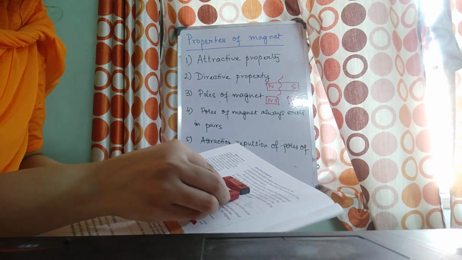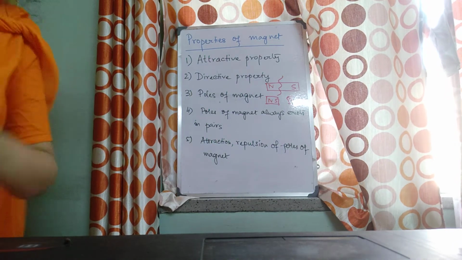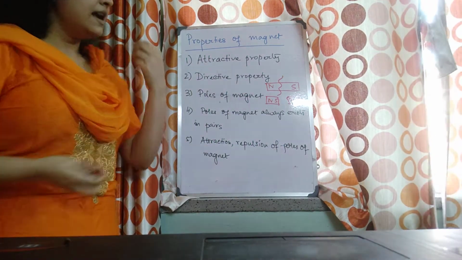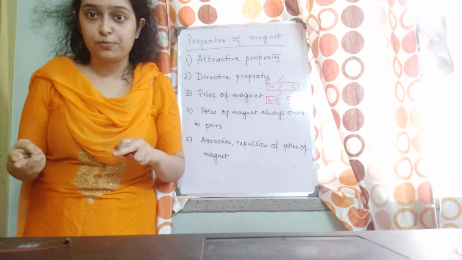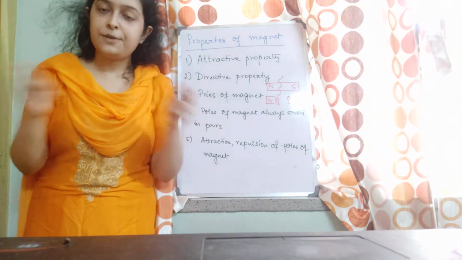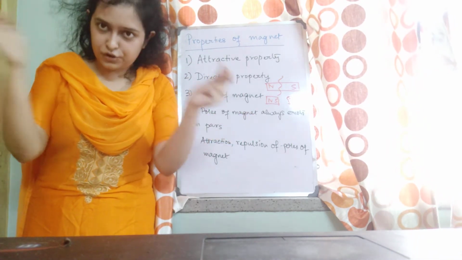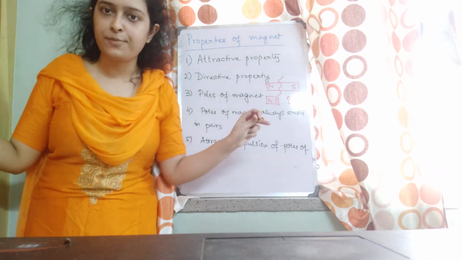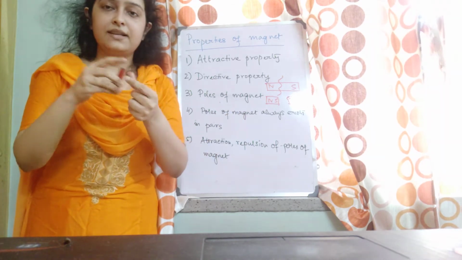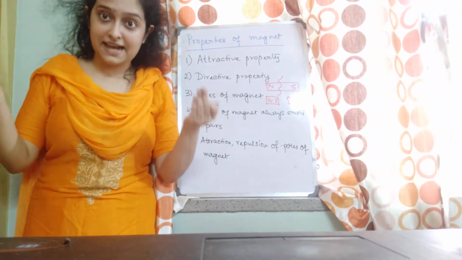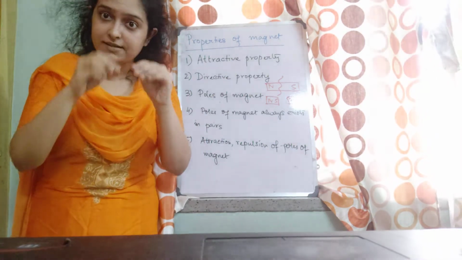Moving away, not coming towards it. So that means like poles repel each other. Repel means if we bring two same poles together, they will try to move away from each other. Repulsion. But if we bring two unlike poles, that means north pole and south pole together, they will be attracted.